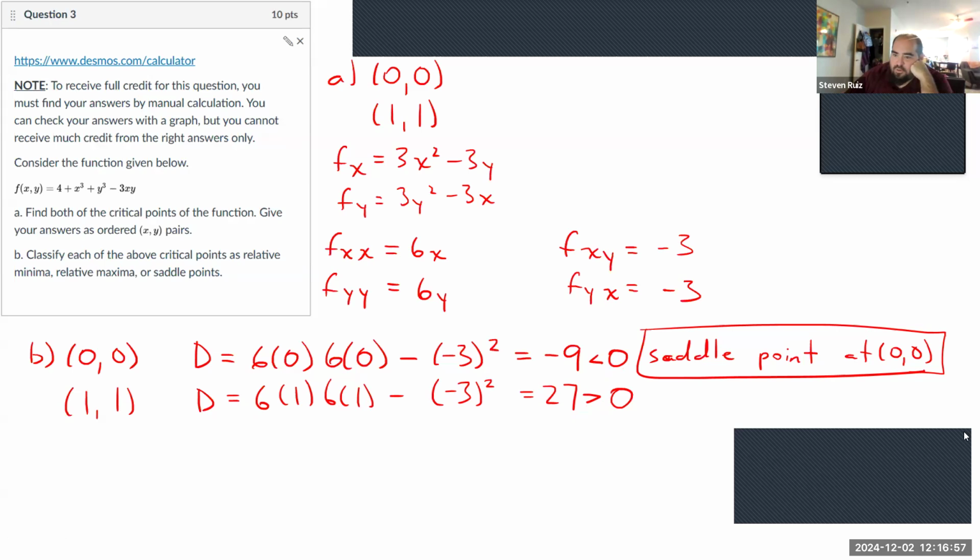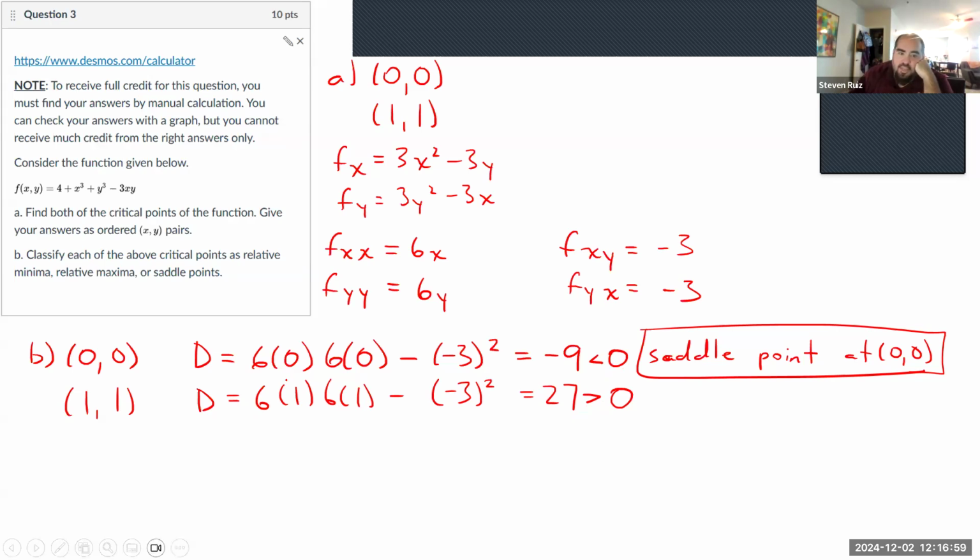What's also important is that fxx was equal to 6, which is also positive. So fxx is positive and D is positive.